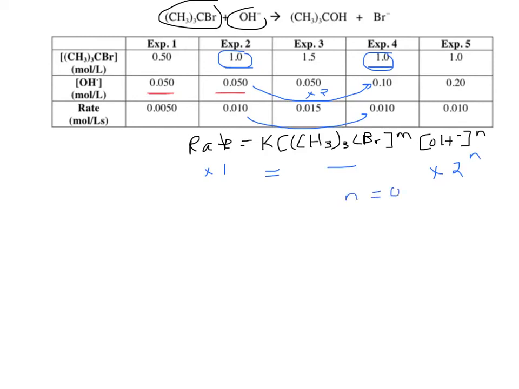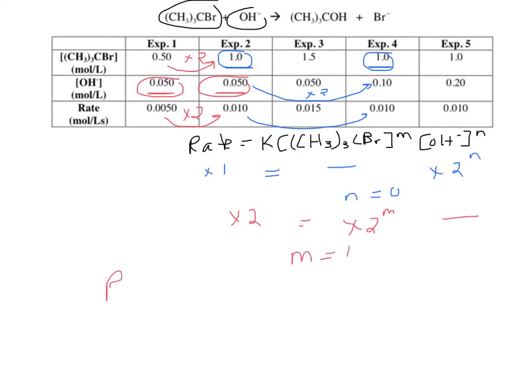Now we're going to look at these two right here, where I keep the hydroxide the same, and I look and see what happens to this other substance, which doubles, and at the same time, the rate doubles. So when I keep hydroxide the same and I double this, my rate doubles. So what is M? M is 1.